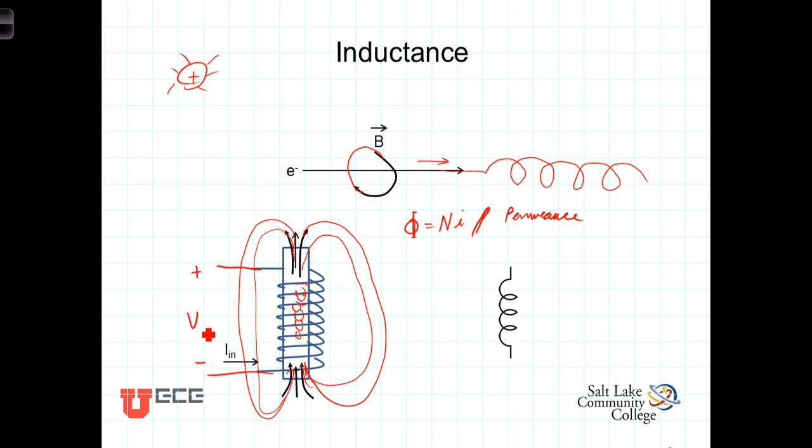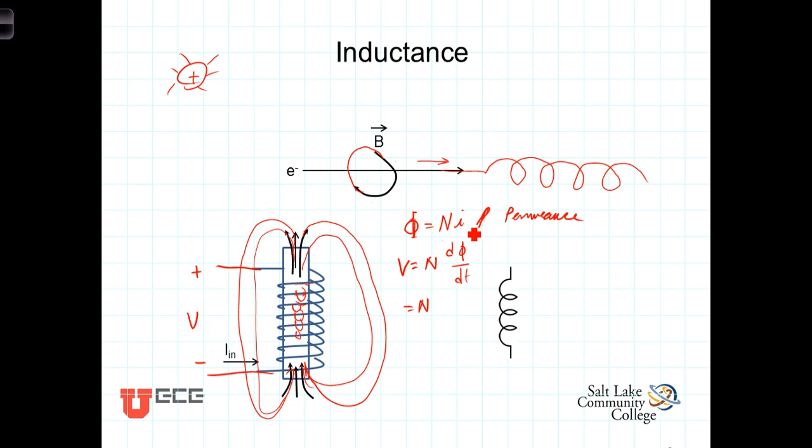Let's do the math here. V is equal to N times the change in flux with respect to time. So that's equal to N times, now as you look at the flux term, N, the number of turns, is a constant. The permeance of the material of the core is a constant.